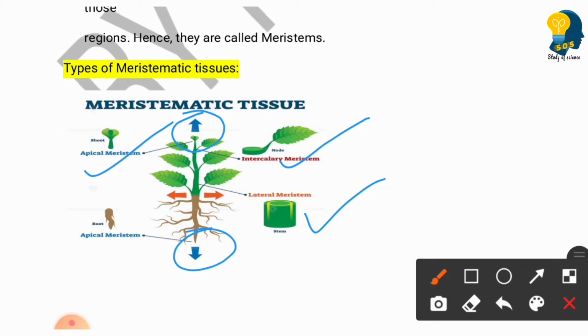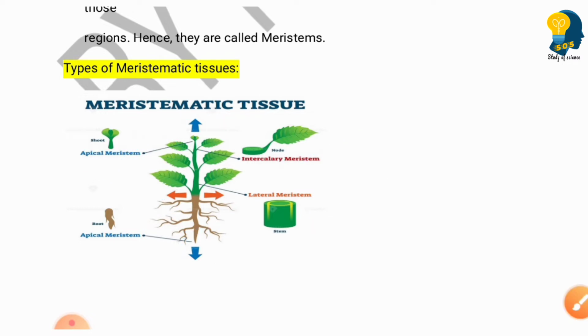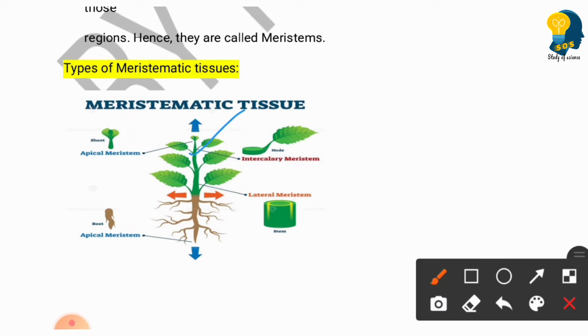See, if you look at the apical meristem, the complete stem part is increasing as well as the complete root part. It is because of the presence of the apical meristem. Clear? It helps in increasing the shoot as well as the root.